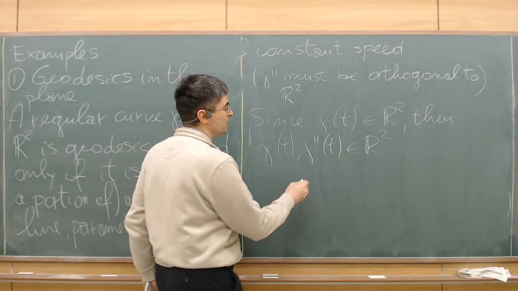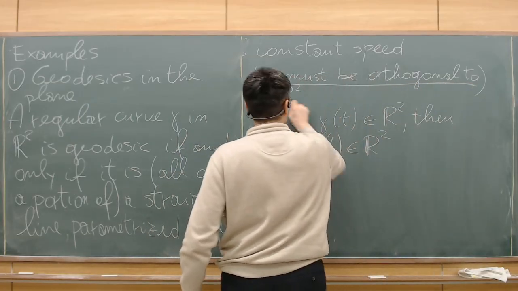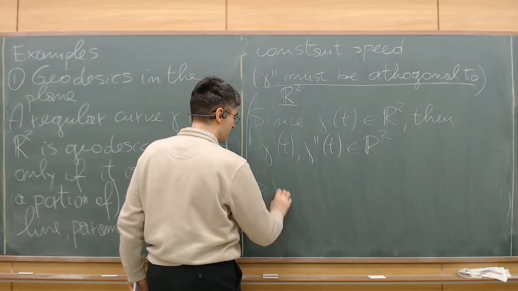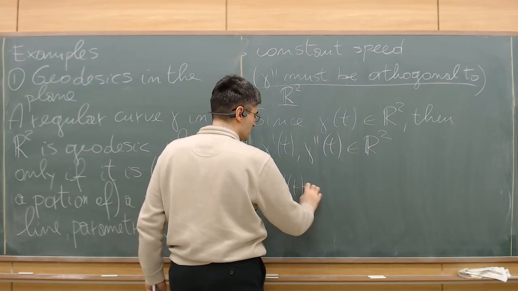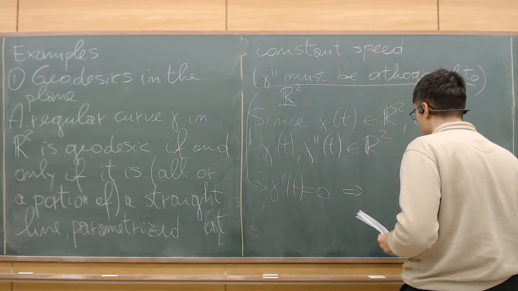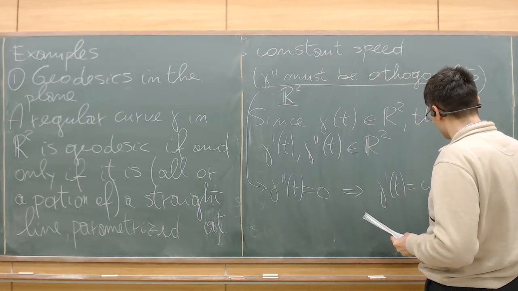So in order for this to be true, gamma second t must be 0, which implies gamma prime t equal constant.